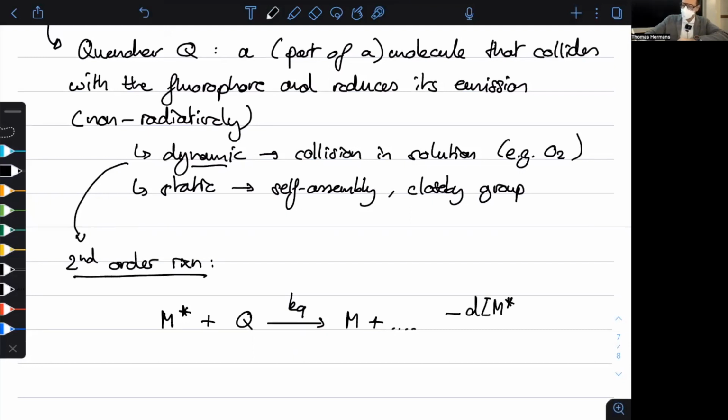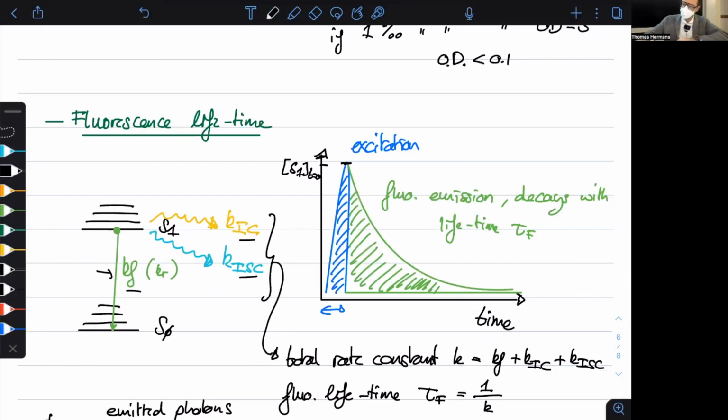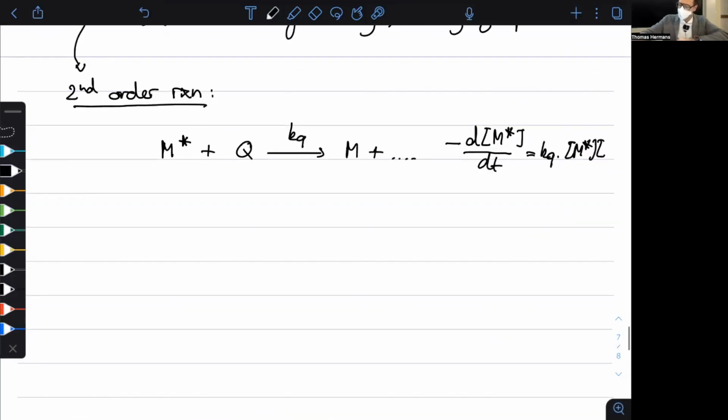So we can write again the rate equation: KQ times M star times Q. I just write it in concentrations.